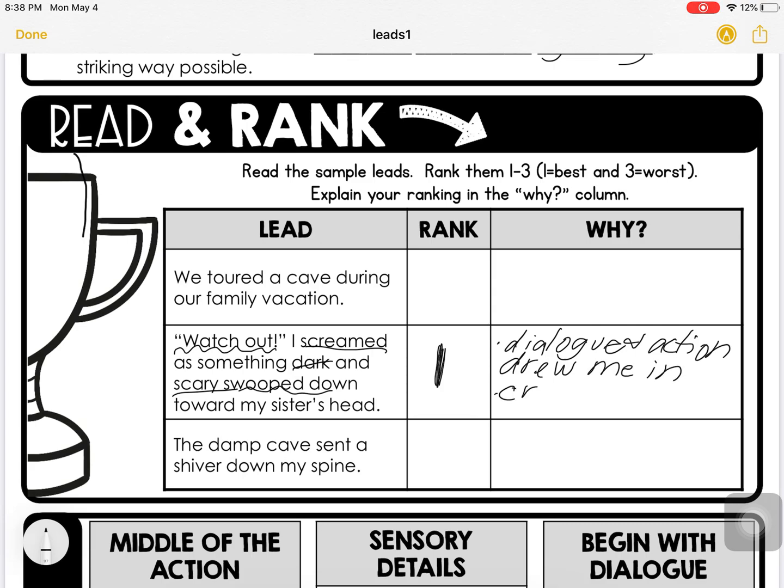Also, it creates a sense that they're really scared, a sense of fear or terror. And secondly, I like this last one too, so I'm going to rank that number 2. The damp cave sent a shiver down my spine. I love the shiver. I can picture what's happening. It gives me feelings about their experience.